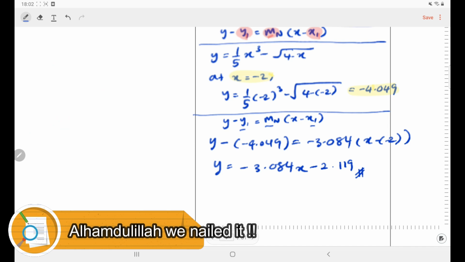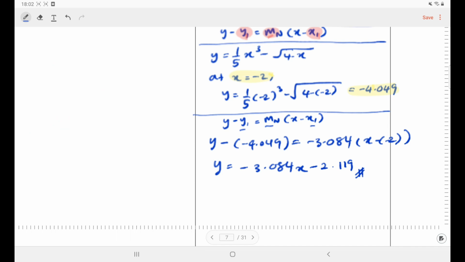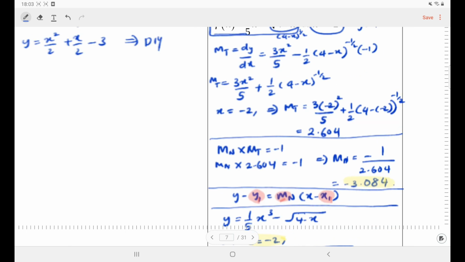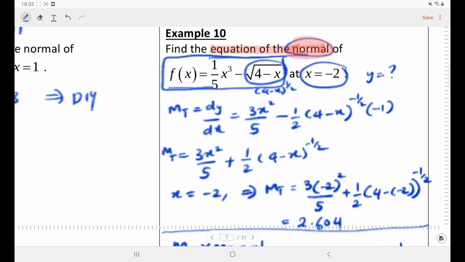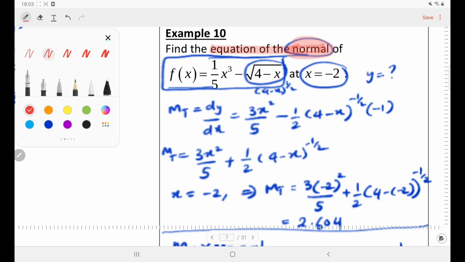Okay. So, before we close this subtopic, let us repeat the steps. The first one, we need to find the gradient of a tangent.